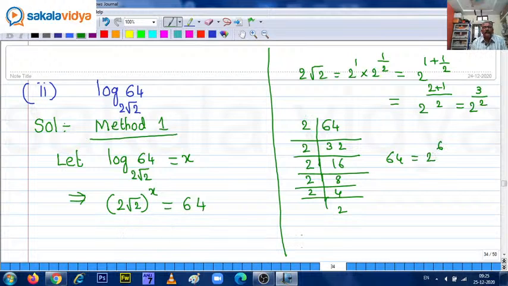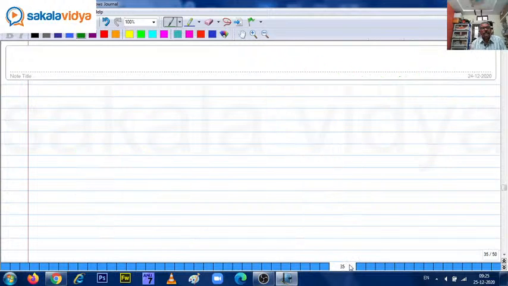So now we can write: 2 root 2 means 2 to the power of 3 by 2, whole to the power of x equals 64, which is 2 to the power of 6. Next step, this is 2 to the power of 3x upon 2 equals 2 to the power of 6.